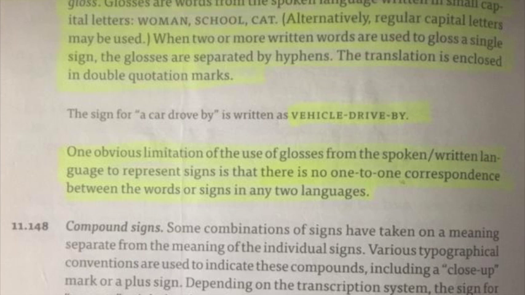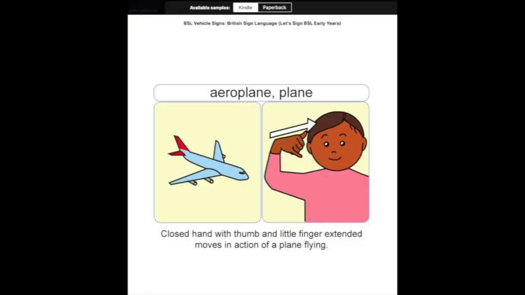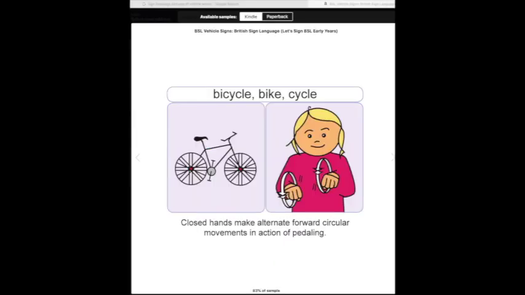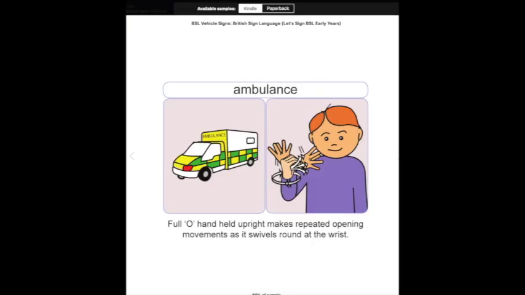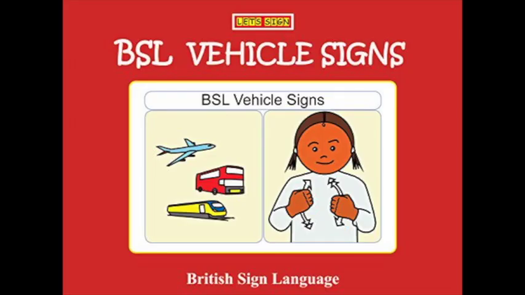So whatever's written and whatever's shown as a sign and written in English, there's no correspondence between the two. It doesn't match, basically. That's what they're telling us here.